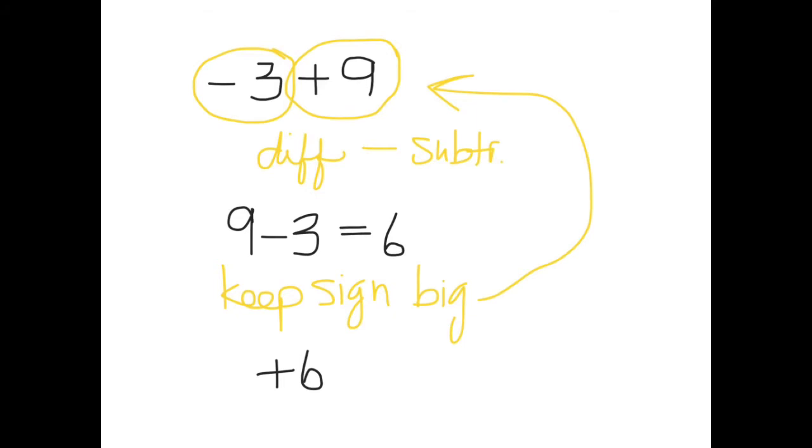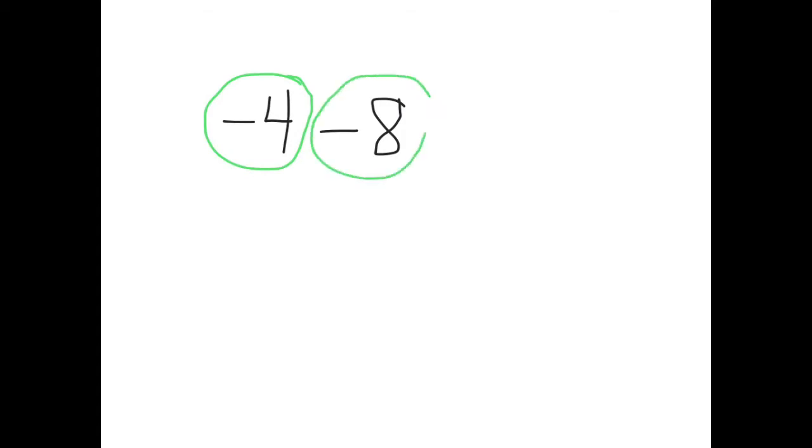Let's do another one. What about -4 minus 8? Here, again, same idea. I'm going to circle the two terms. I have a -4 and a -8. Notice here, both of my terms happen to be negative. That means that both of my terms have the same sign.